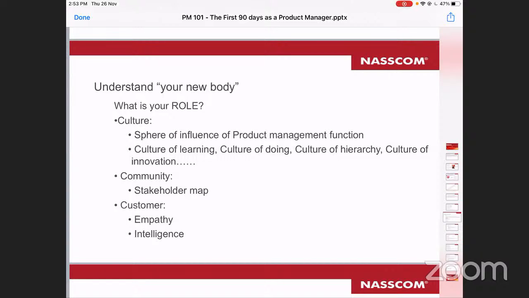They may not put up a chart saying this is how I'm doing customer empathy, but it comes very naturally. But now let's unpack a little bit of what empathy is. Customer empathy is truly understanding what our customer is going through and fitting our whole product and our entire solution into that context.